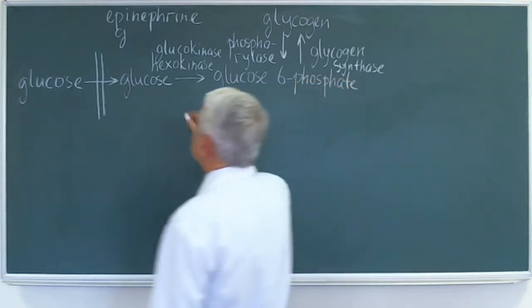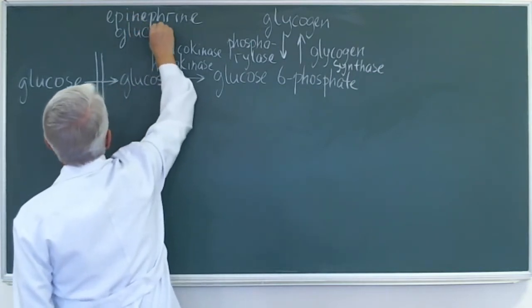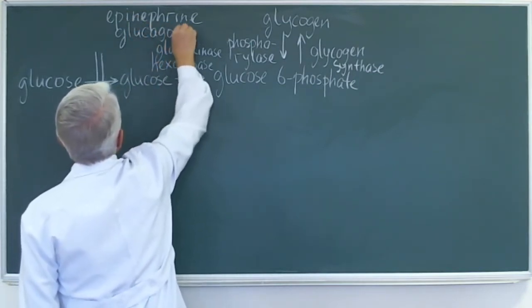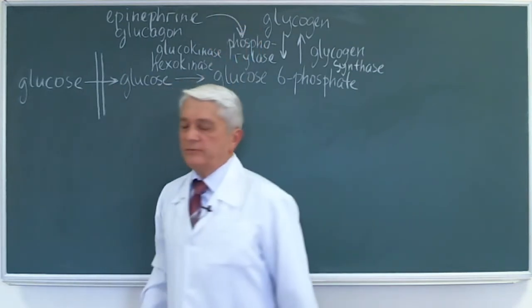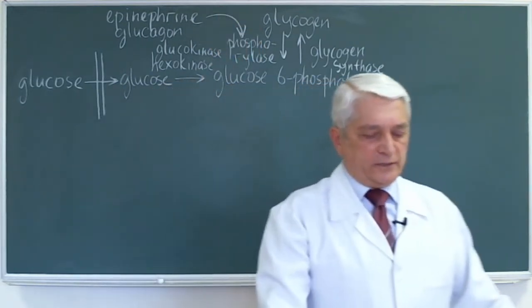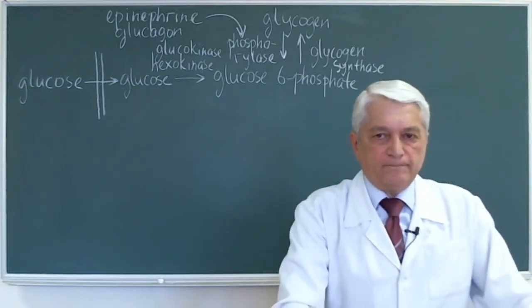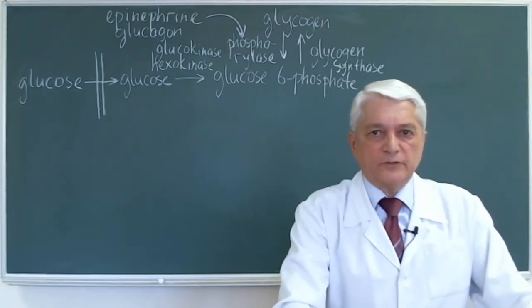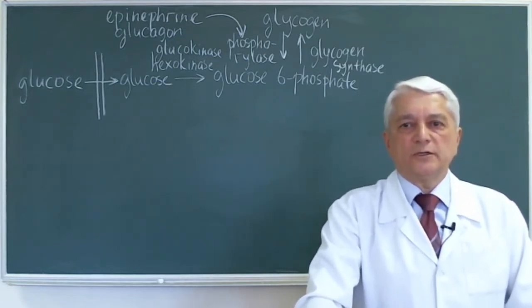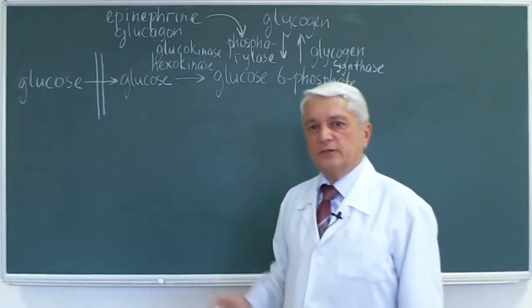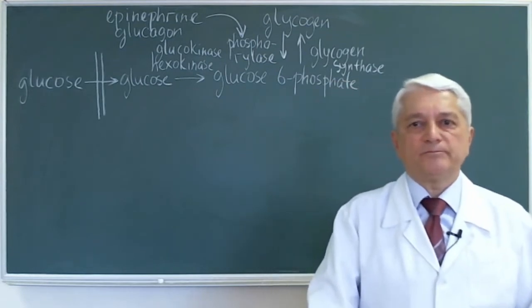So the second one is glucagon. These two hormones activate phosphorylase, and not only phosphorylase but also lipase, but this we shall tell a little bit later.